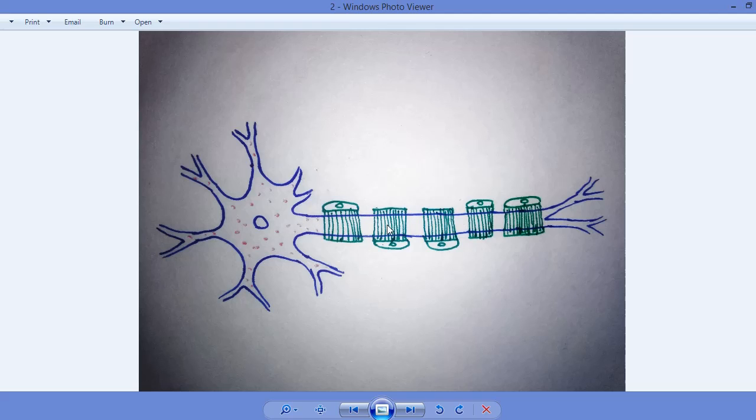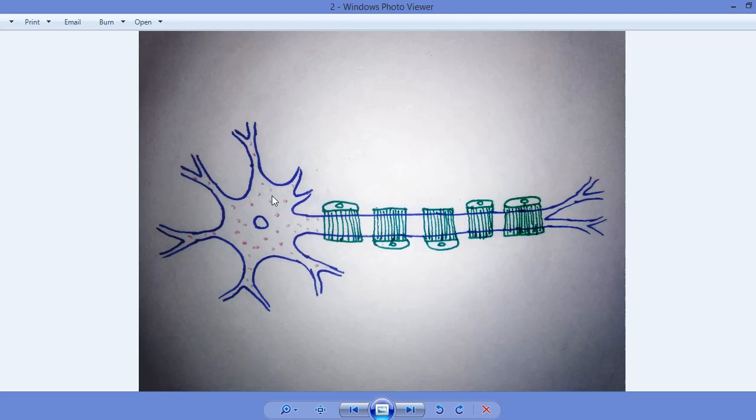There is no change in the diameter of the axon throughout its length. So the axon is always cylindrical and having the same diameter throughout its length, while the dendrites are always tapered, always going narrower and narrower.